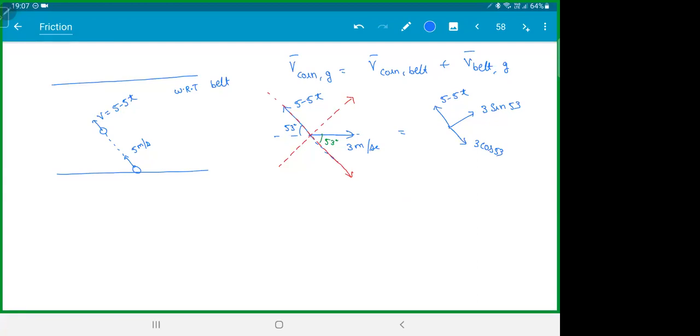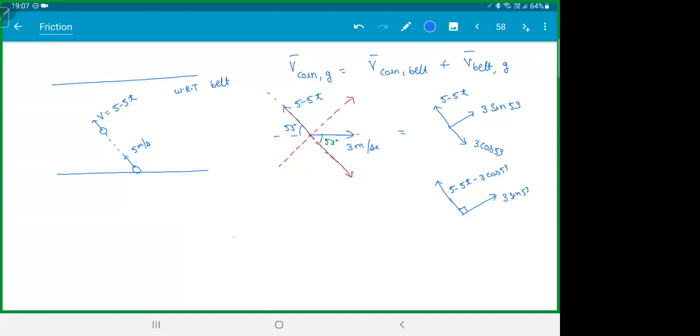So we have 2 velocity vectors. 5 minus 5t minus 3 cos 53. Okay, now let it be like that. And this component is 3 sin 53.